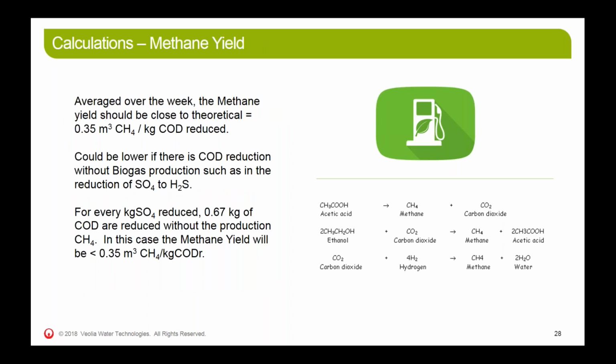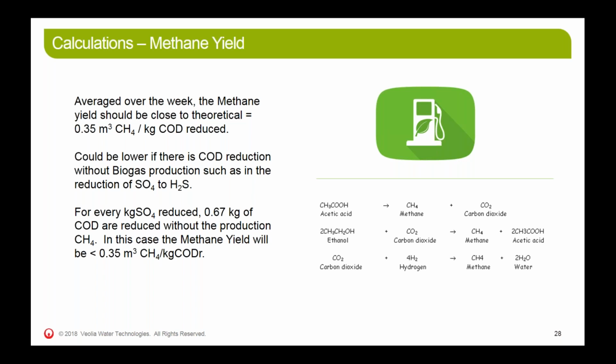Here's another calculation that as an operator you can do to look at the mass balance of your system. This is methane yield. The amount of biogas produced is directly related to the amount of COD that you reduce in your system. If you're doing some mass balances and trying to figure out, am I making enough gas?